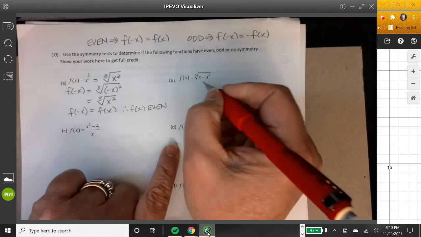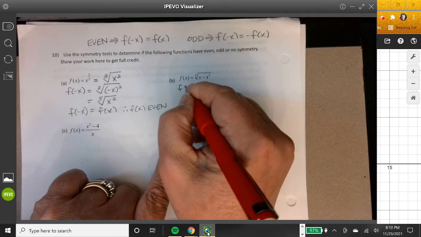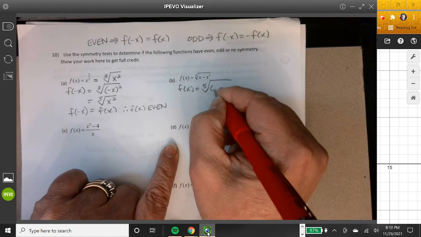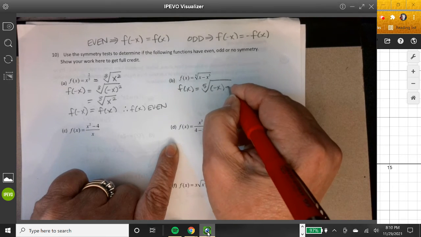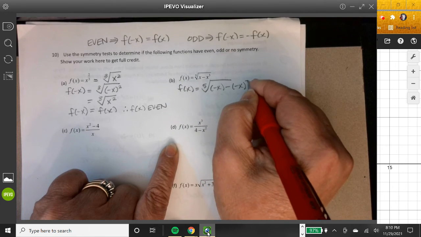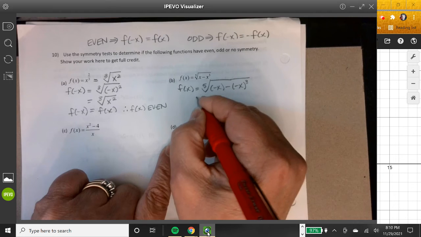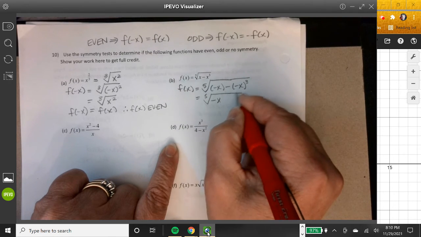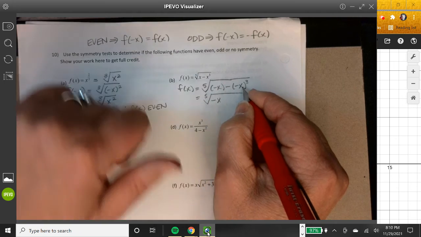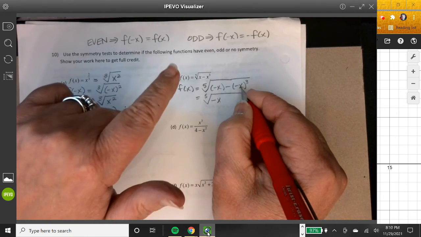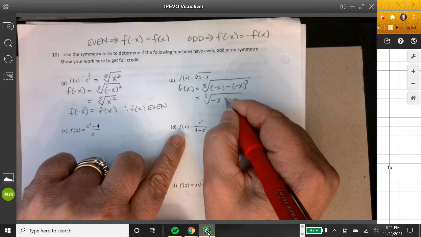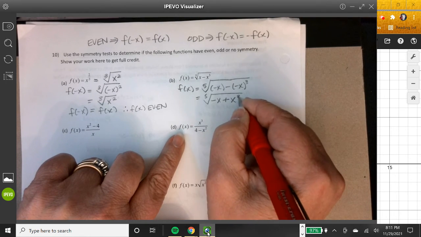All right, what about this one? This is the fifth root. So f of x equals the fifth root of x minus x cubed. So f of negative x is the fifth root of negative x minus negative x cubed. Now, when I cube a negative number, that's negative x times negative x times negative x, and negative times a negative is positive, so that is a negative number. So this is the fifth root of negative x plus x cubed.